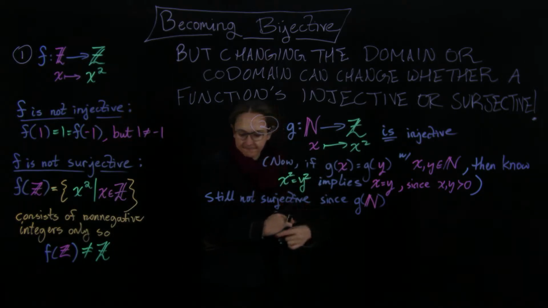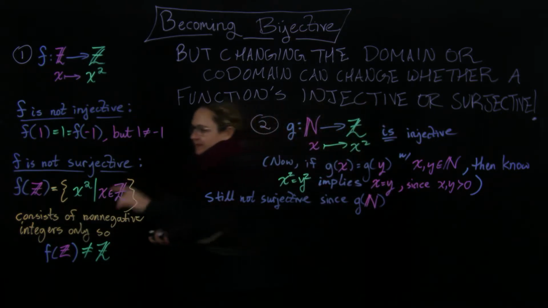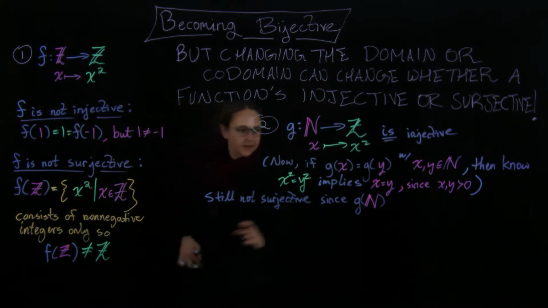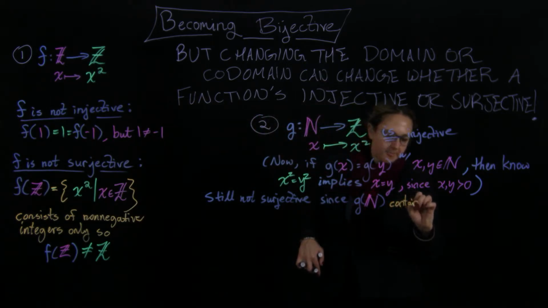Since this contains no negative integers. So this, which I was denoting by orange before, I'm going to continue that. So this contains no negative integers.